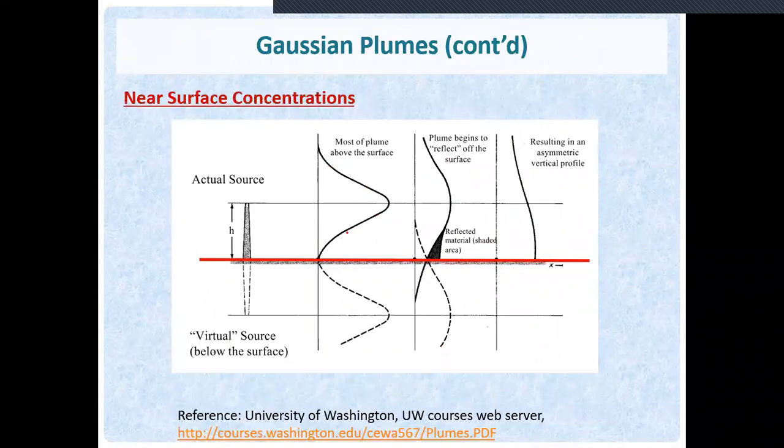So for this case, when we see the concentrations of the actual plume inside the earth, these will be compensated by the virtual stack source, and these concentrations will appear above the ground. This concentration will be added to the actual one, and therefore we have the plume concentration rather correctly computed at these locations.